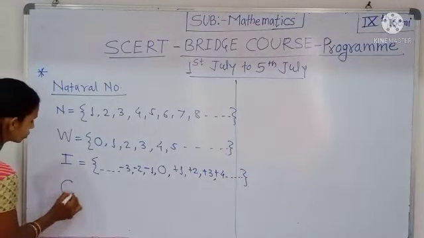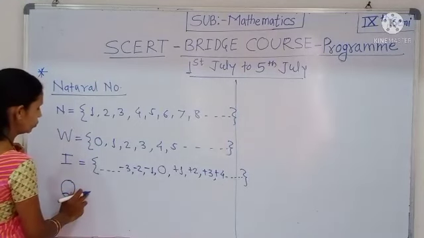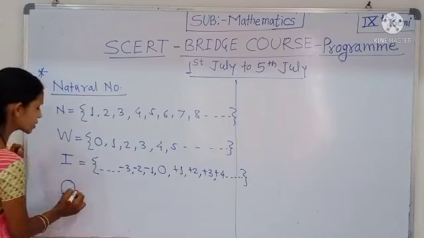Then one more type of numbers is denoted by Q, which are known as rational numbers.